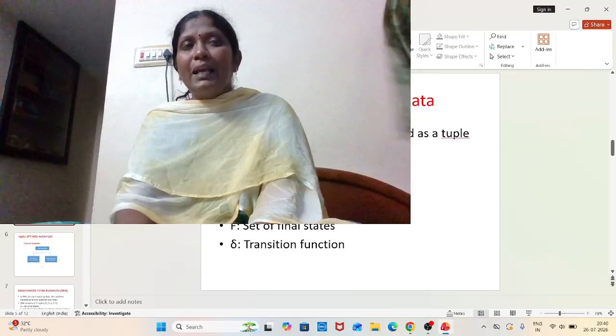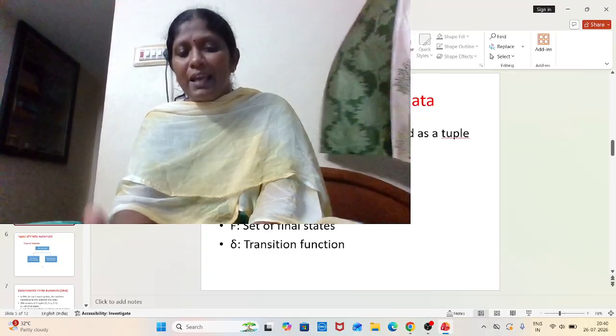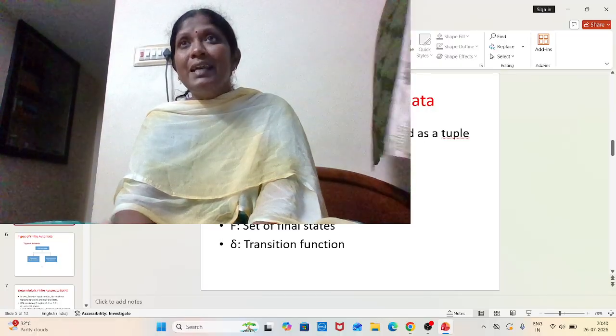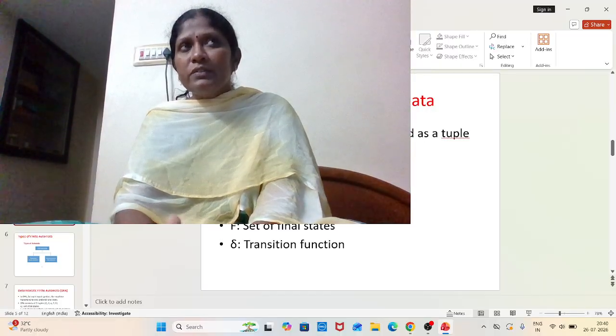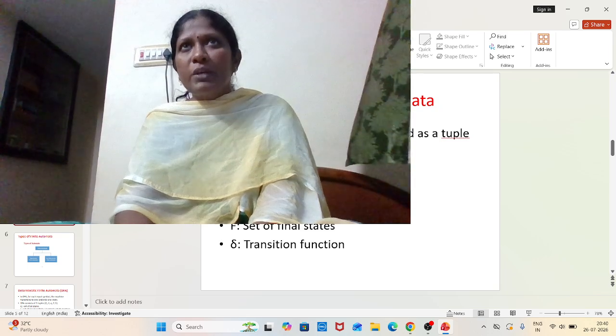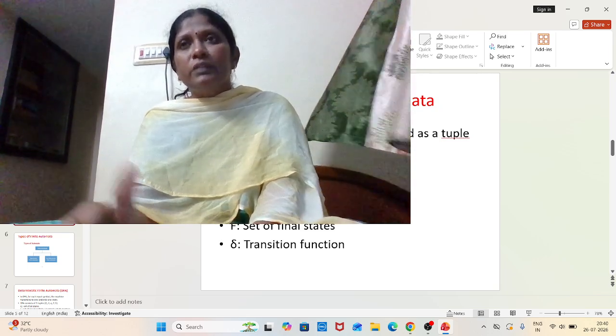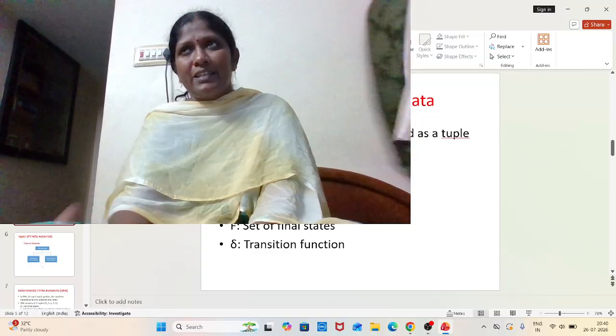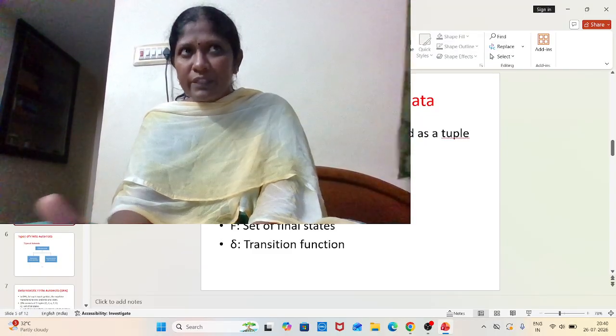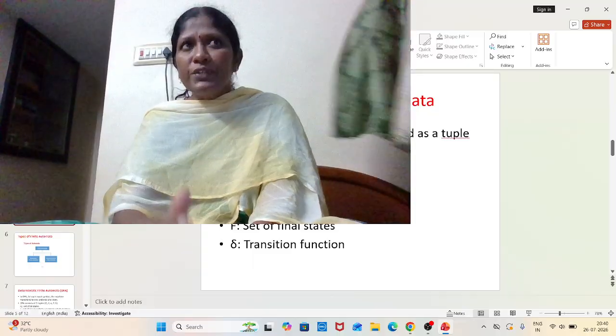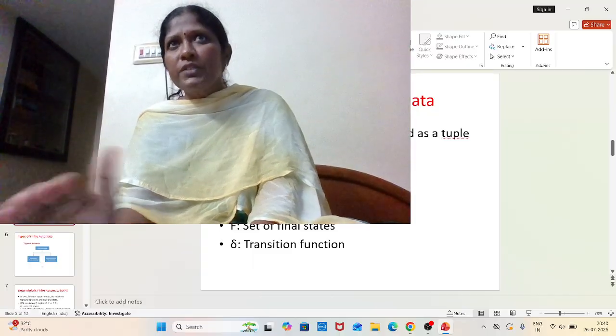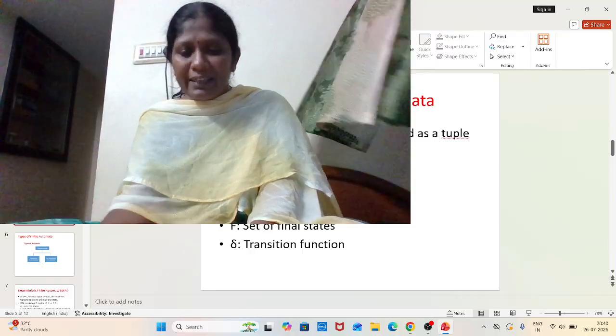It takes the current state and input symbol as input and produces the next state, that is, Q × Σ → Q, where the output Q represents the next state. So after receiving the input symbol, the machine moves from one state to another state. This is a transition.